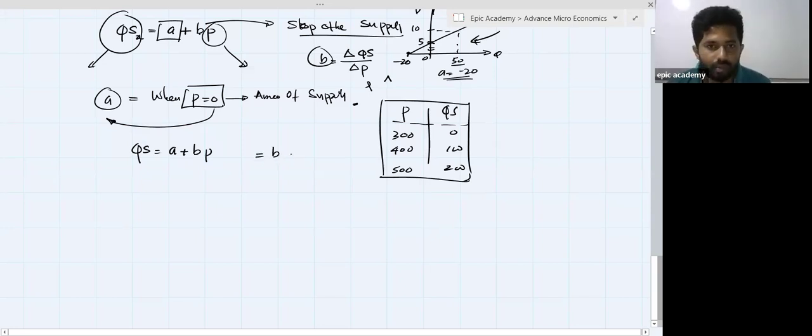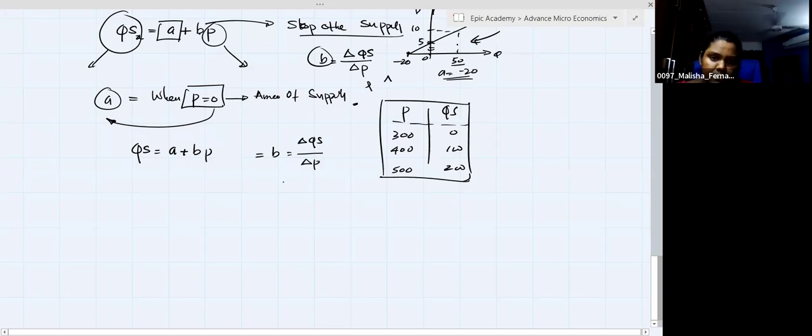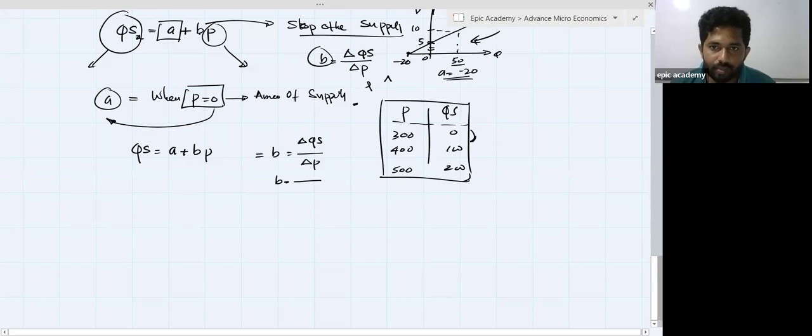Find the value for the B. B equal delta QS divided by delta P. Delta QS means the difference of this one. It is 100 always. So then what about the delta P?